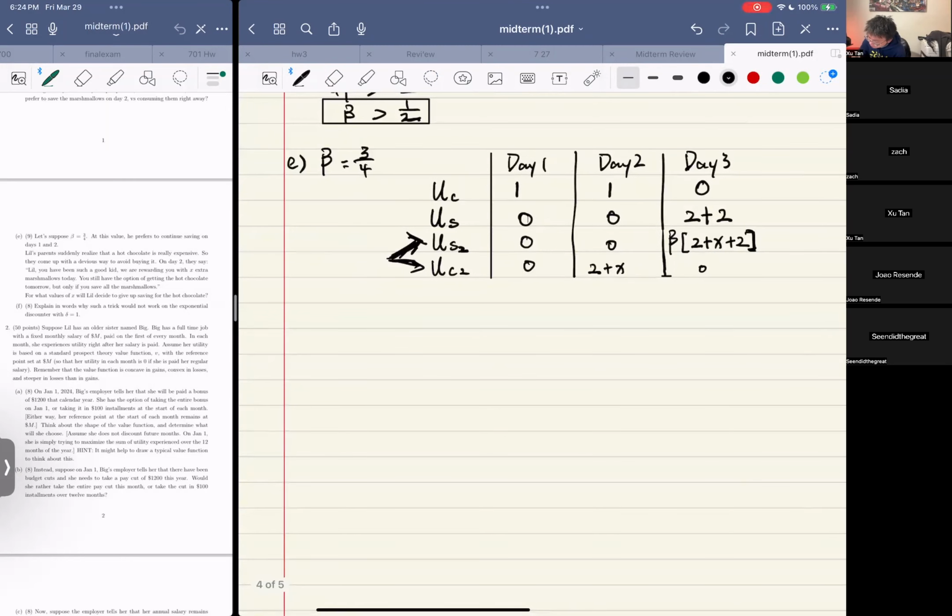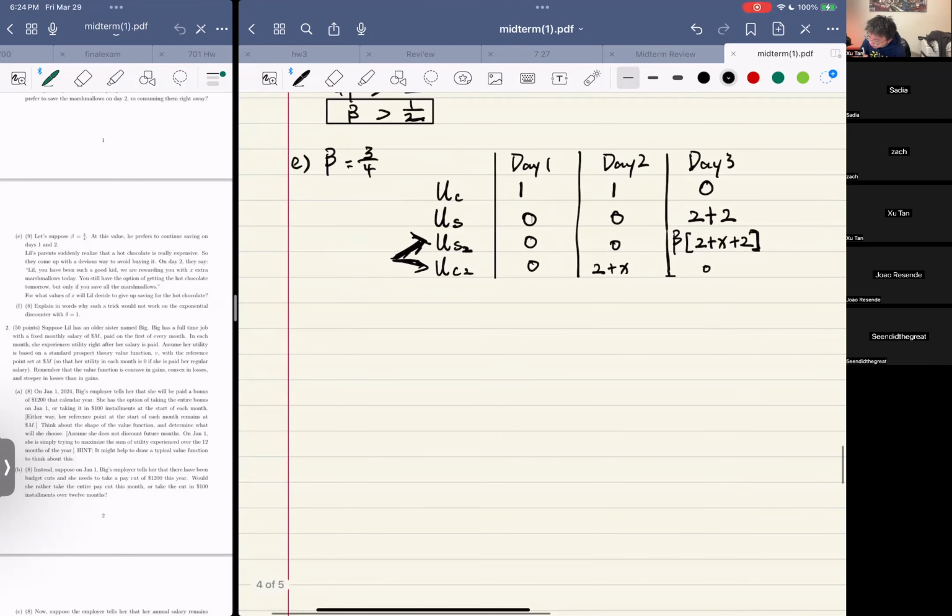So at what value of X is Lily going to choose UC2? So UC2 must be greater than US2. All right, so therefore 2 plus X is greater than beta, which is the discount value in the event that she saves.